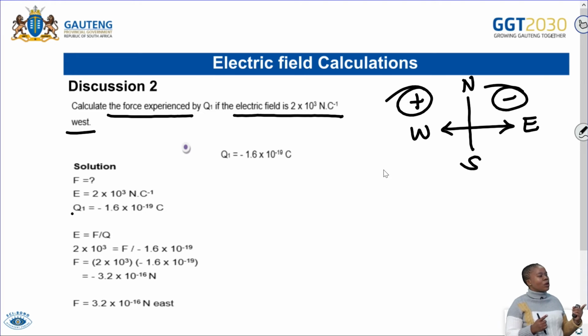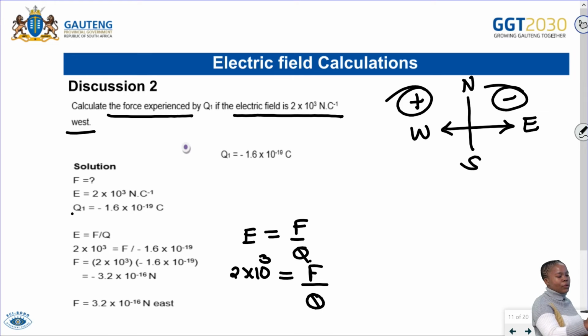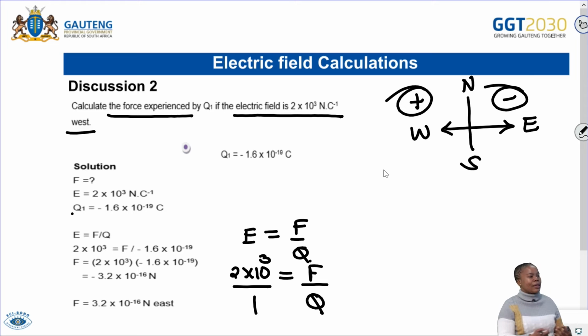Okay, you do your cross multiplication because it will look something like this. So E is equal to F over Q. Over here you've got 2 times 10 to the power of 3. Let me just write it clearer. Is equal to what you want over Q.